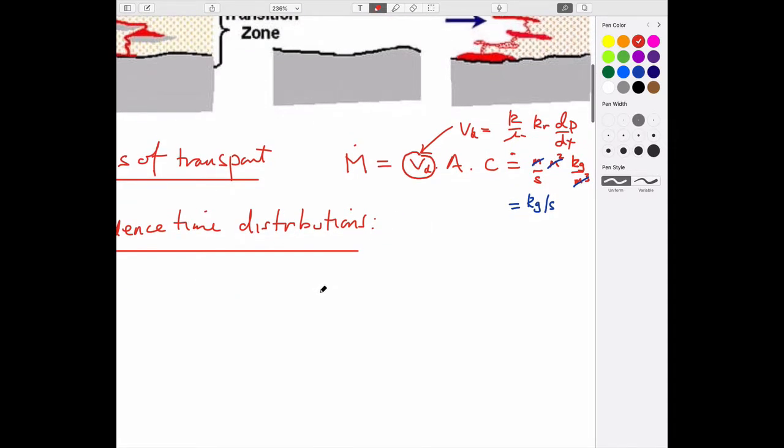And residence time distribution we can write as time of arrival, and that is related to the advective flow velocity, which is equal to the Darcy velocity divided through by porosity, which is equal to the advective velocity, which is equal to the length traveled in a given time.